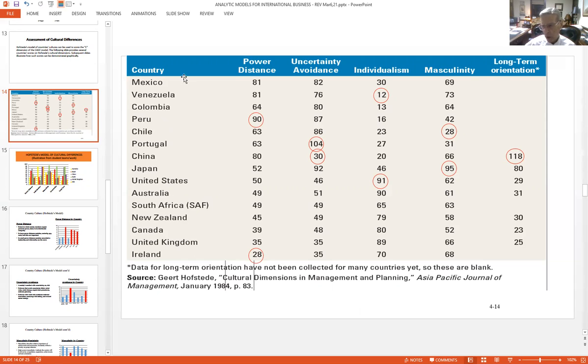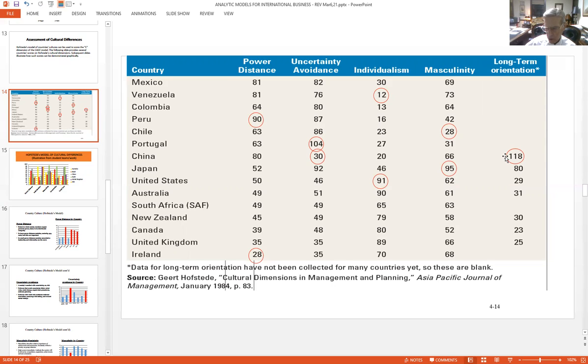Hofstede's first four cultural dimensions were power distance, uncertainty avoidance, individualism, and masculinity. Then later on, long-term orientation was developed, and today you would find ratings for all countries.